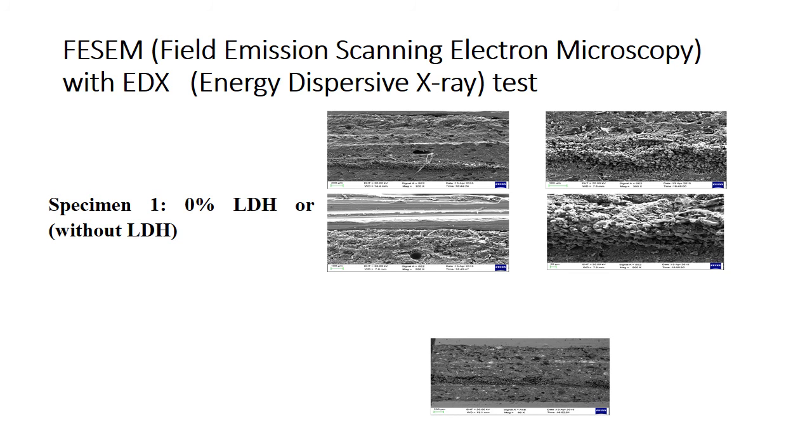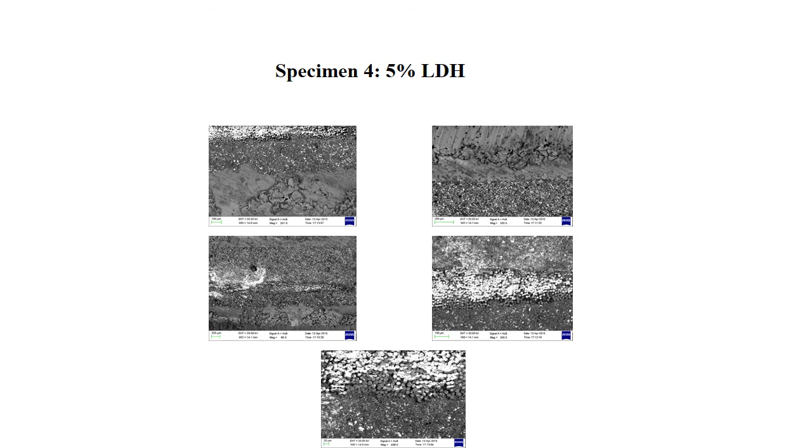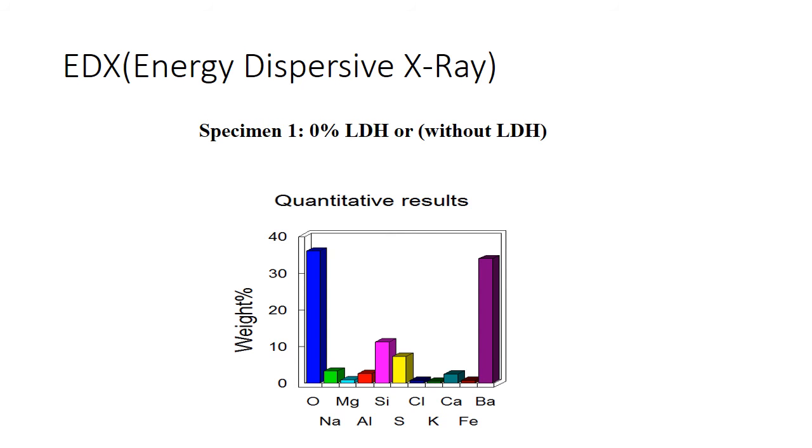Starting with specimen 1, specimen 2, specimen 3 and ending with specimen 4. Then EDX, that is energy dispersive X-rays, is performed on all the 4 specimens. In this we can find the composition of each specimen, which is clearly visible due to the block graph.